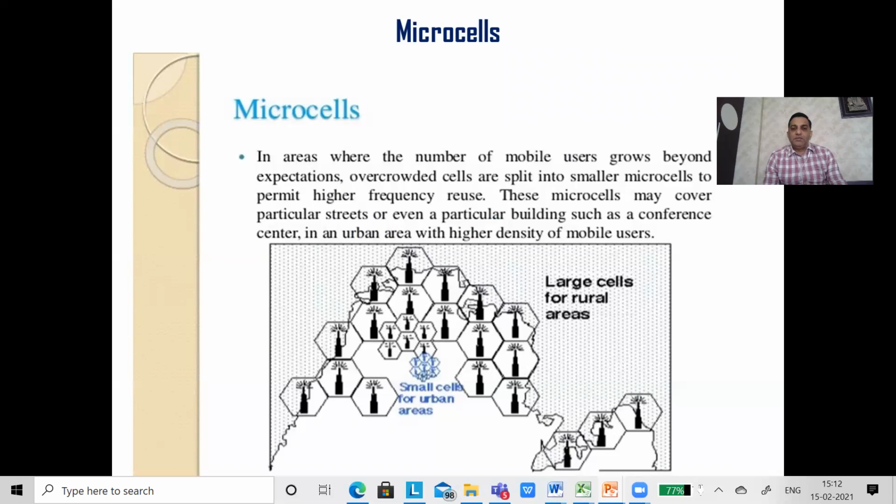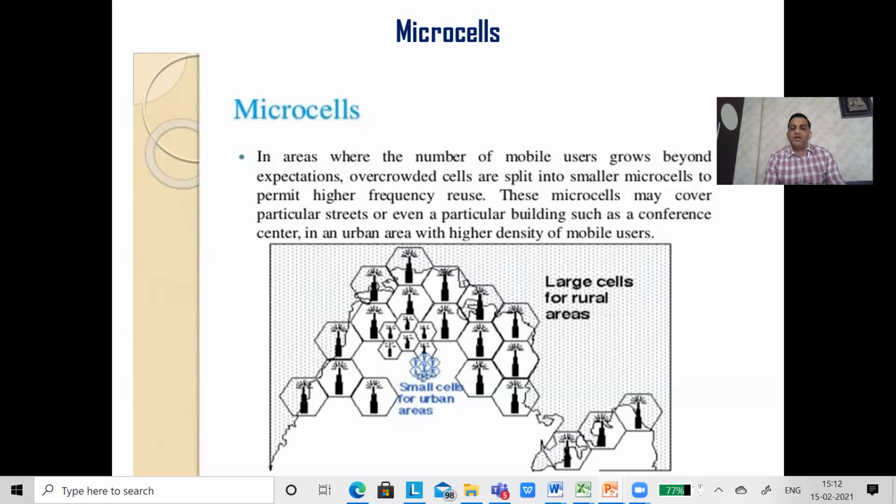In areas where the number of mobile users grows beyond expectations, overcrowded cells are split into smaller microcells to permit higher frequency reuse. These microcells may cover a particular street or even a particular building, such as a conference center in an urban area with higher density of mobile users.